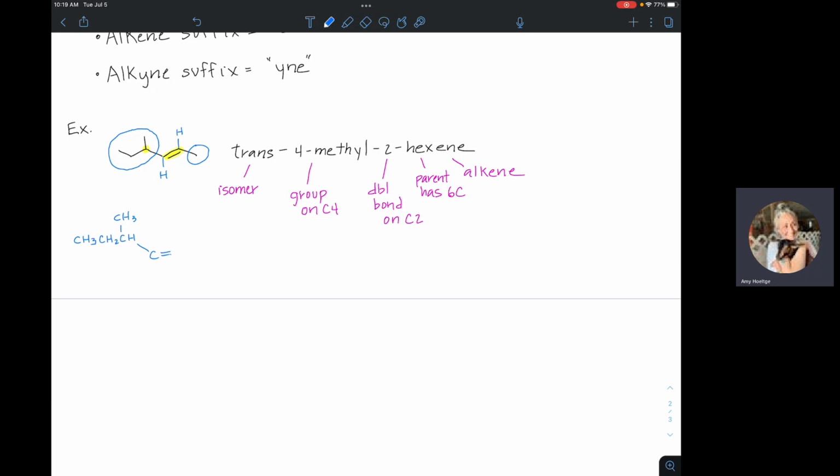Here's your double bond. There's the hydrogen. Up here, hydrogen. Down here, methyl. So that would be like the condensed, expanded structure that corresponds to that line bond structure up there. So you can kind of see now that your groups are trans.